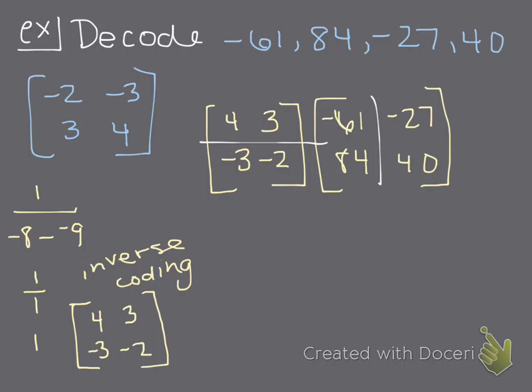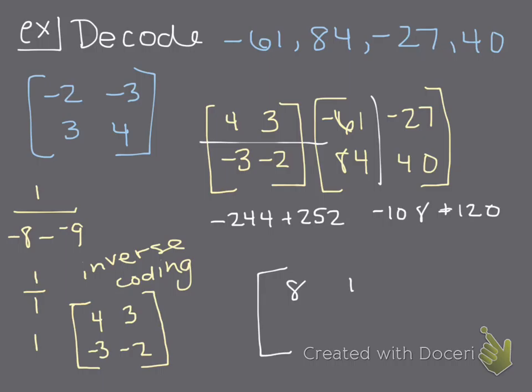I have 4 times a negative 61, which is a negative 244, plus 3 times 84, which is 252. When I subtract these, I get 8. Then I have 4 times negative 27, which is negative 108, plus 3 times 40, which is 120.